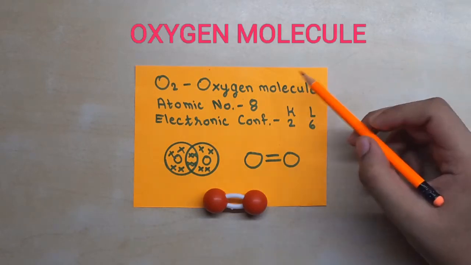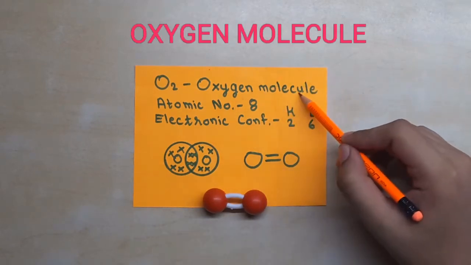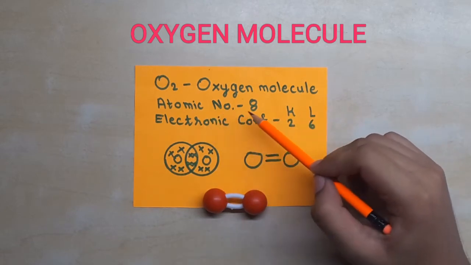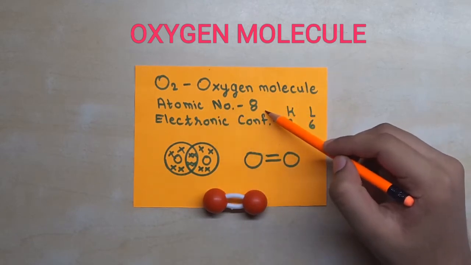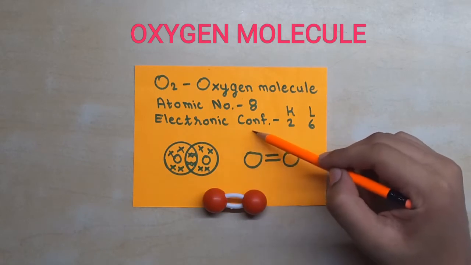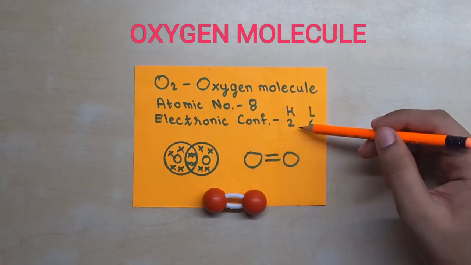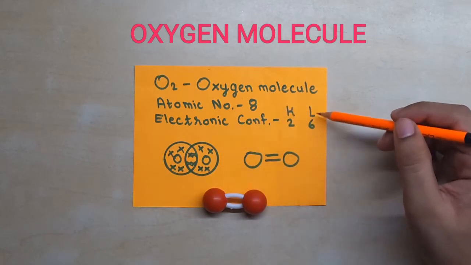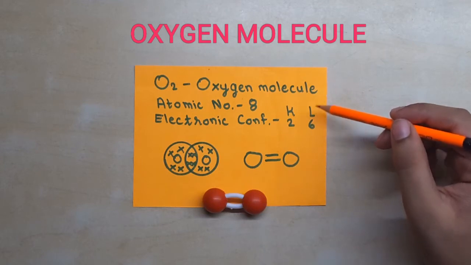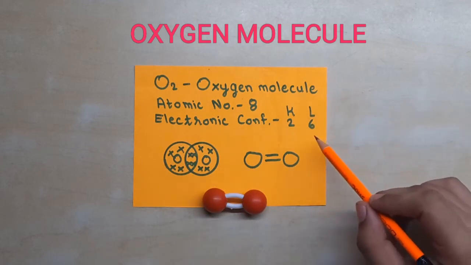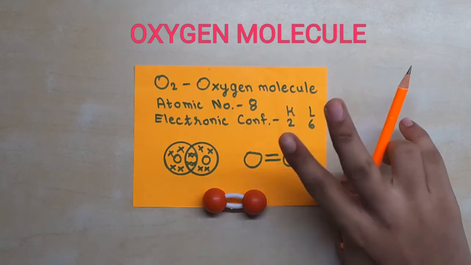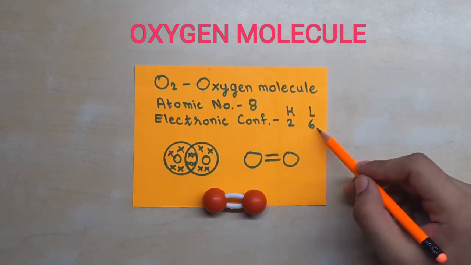This is the oxygen molecule. Atomic number of oxygen is 8. Electronic configuration of oxygen is 2 electrons in K shell and 6 electrons in L shell. It means that oxygen atom requires 2 more electrons to complete its octet.